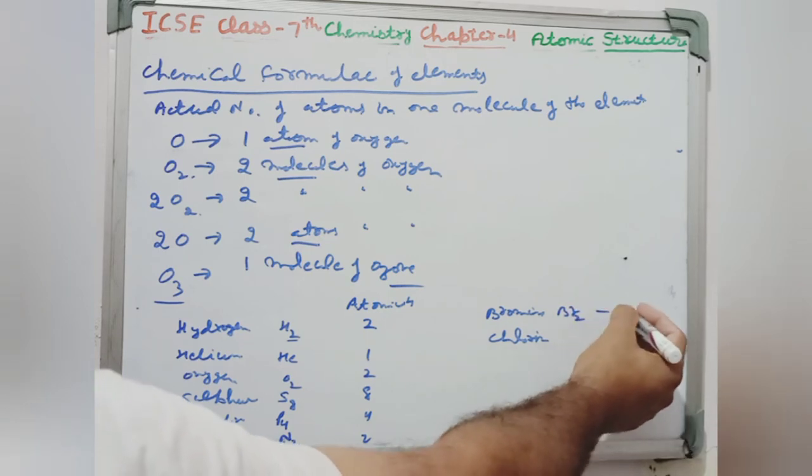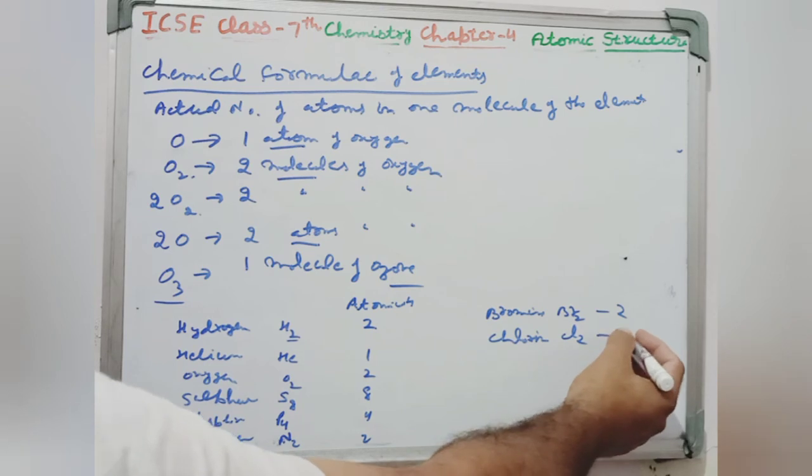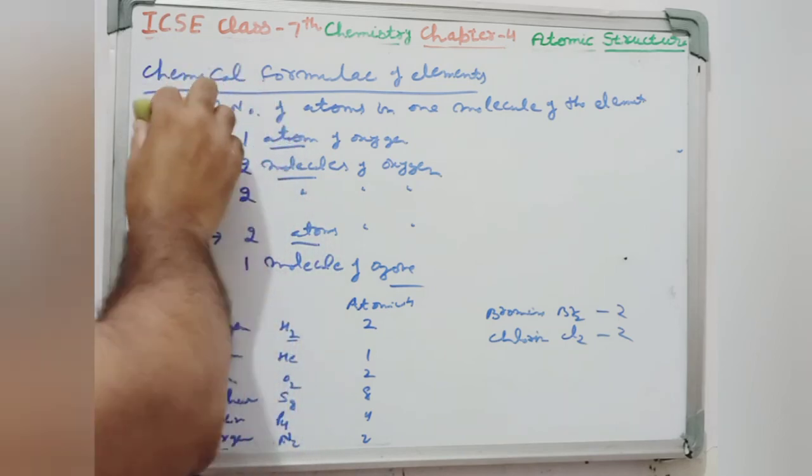Its atomicity is 2. Chlorine is Cl2. Its atomicity is 2. So this atomicity plays an important role. We have to keep it in mind while deriving chemical formulas.